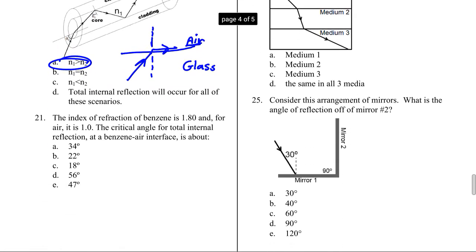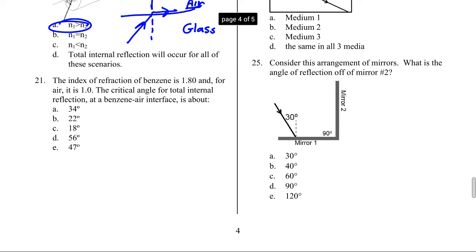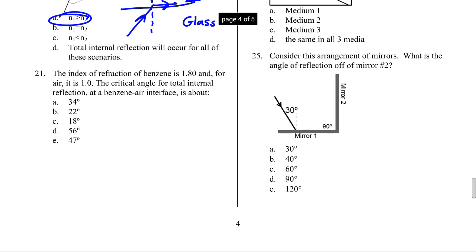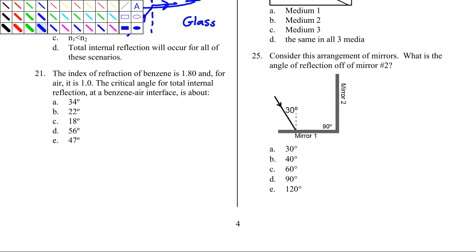The index of refraction is 1.8, and for air it's 1.0. What is the critical angle? So here I'm going from benzene to air, going this way, this is 1.8. This is an index equal to 1. I want to know what is the critical angle.